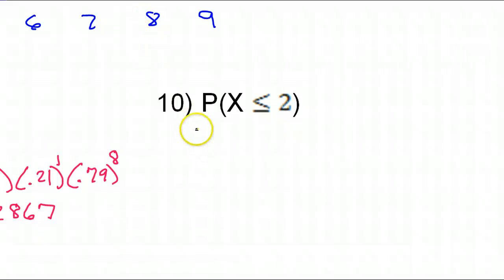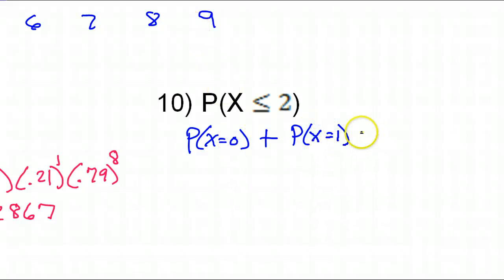Okay, so probability that x is 0 plus the probability that x equals 1, all right, plus the probability that x is 2. All right, probability of 0 successes plus the probability of 1 success plus the probability of 2 successes.